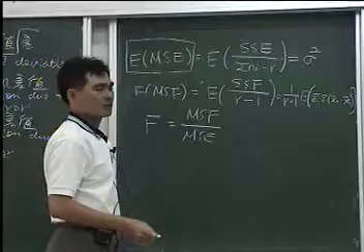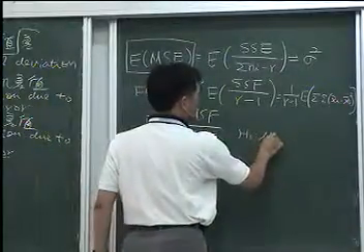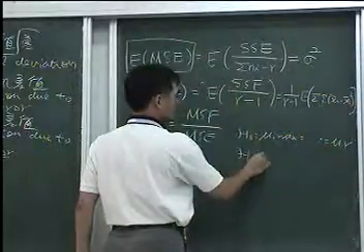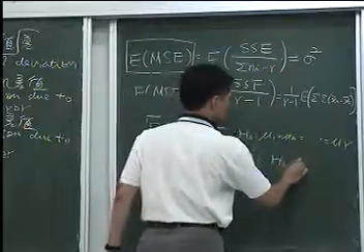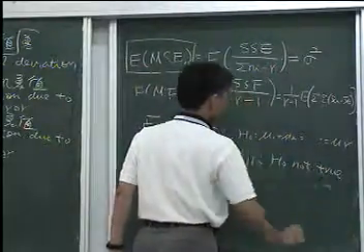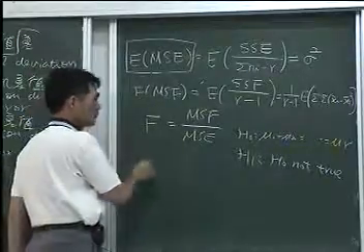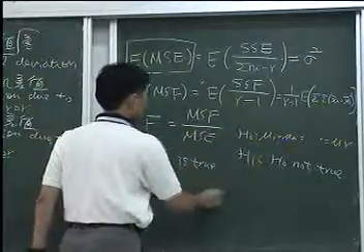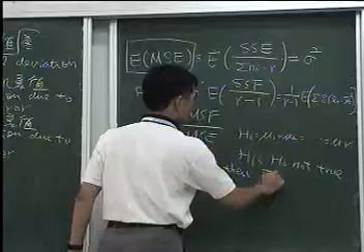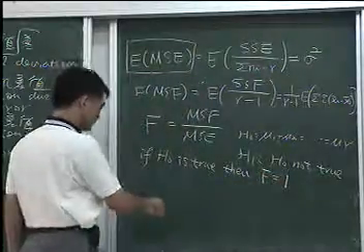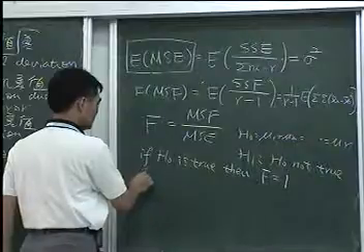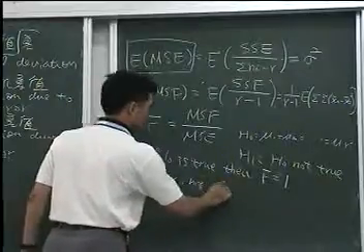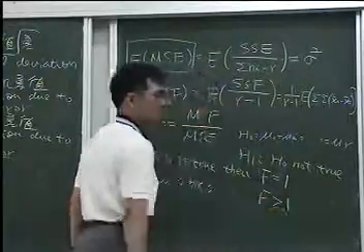As a matter of fact, the purpose is to test whether mu1 is equal to mu2 is equal to mu r, and H1 is that H naught is not true. When we do this kind of test, we expect that if H naught is true, then F should be equal to 1. If H naught is not true, then F should be greater than 1.